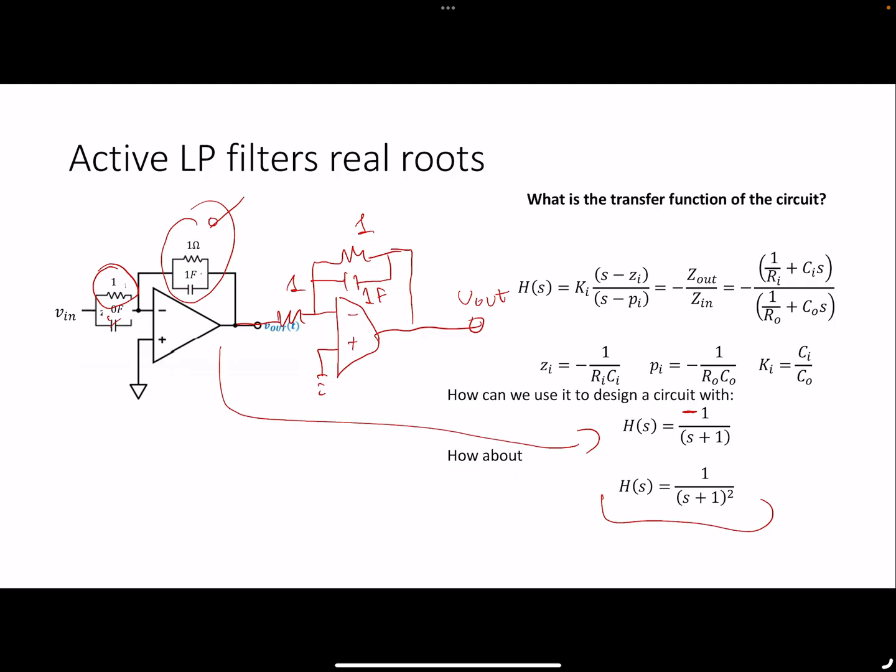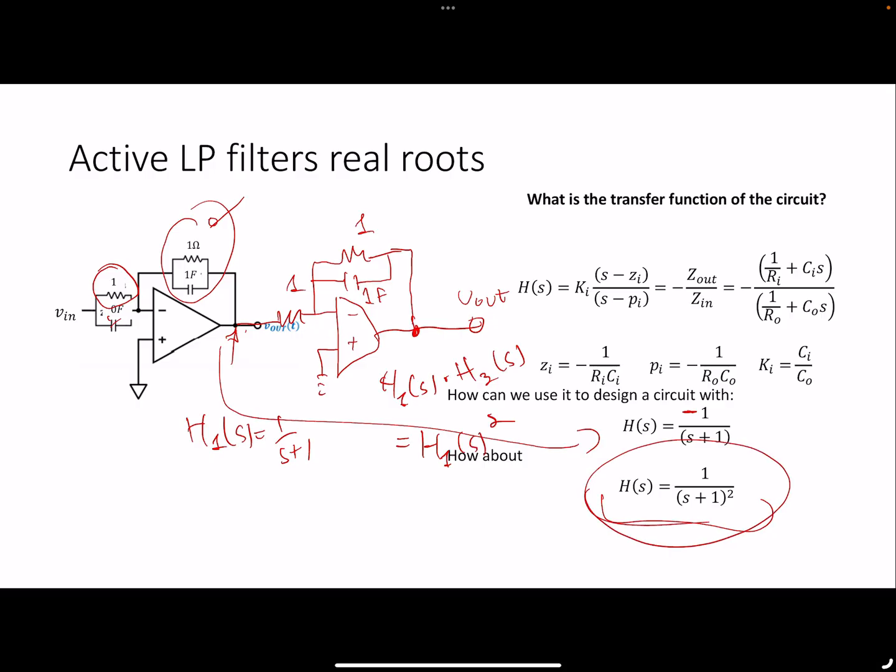So the output of this will be the h of this one. We can call it h1 of s, which is just 1 over s plus 1, which we found in the previous part. And then the output here will be h1 of s times h2 of s, which, since they're identical circuits, is just h1 of s squared, which is just this. And this should be negative, I apologize.